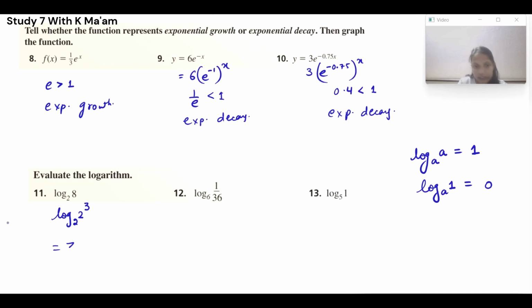So the answer is 3. Here, log base 6 of 1 by 36. 1 by 36 can be written as 1 over 6 power 2. Again I can write log base 6 of 6 power negative 2. So this turns to 1 and you're left with negative 2. Log base 5 of 1 is 0.